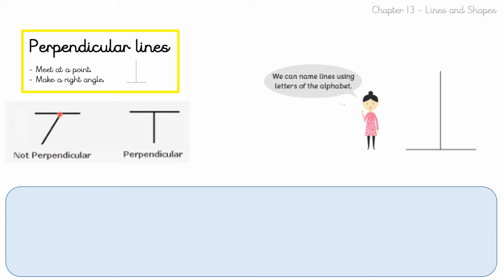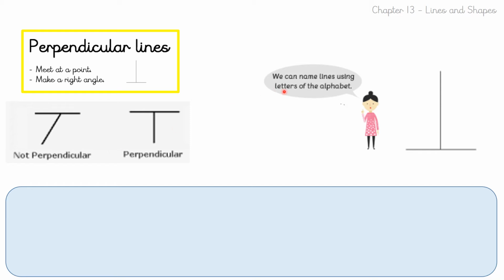Why are these lines not perpendicular lines? Amazing! They are not perpendicular lines because they do not make a right angle. We can see it here and also here. So this is an obtuse angle and this is an acute angle. Therefore, we cannot call them perpendicular lines.